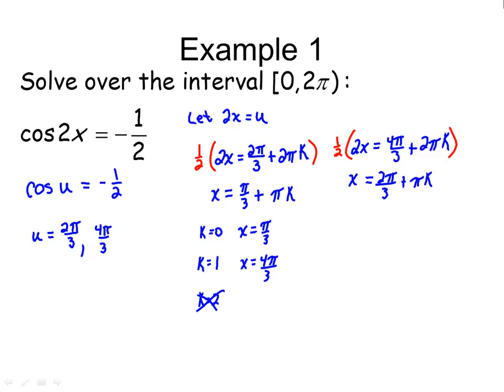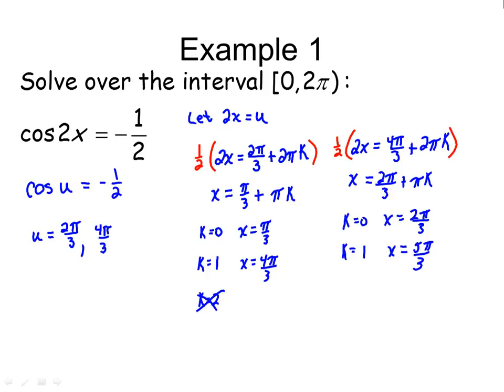Okay, so if k is equal to 0, then x is equal to 2 pi over 3. If k is equal to 1, see if you can figure out what x is going to be equal to. Anybody have any ideas? Very good. 5 pi over 3. So what did he do?